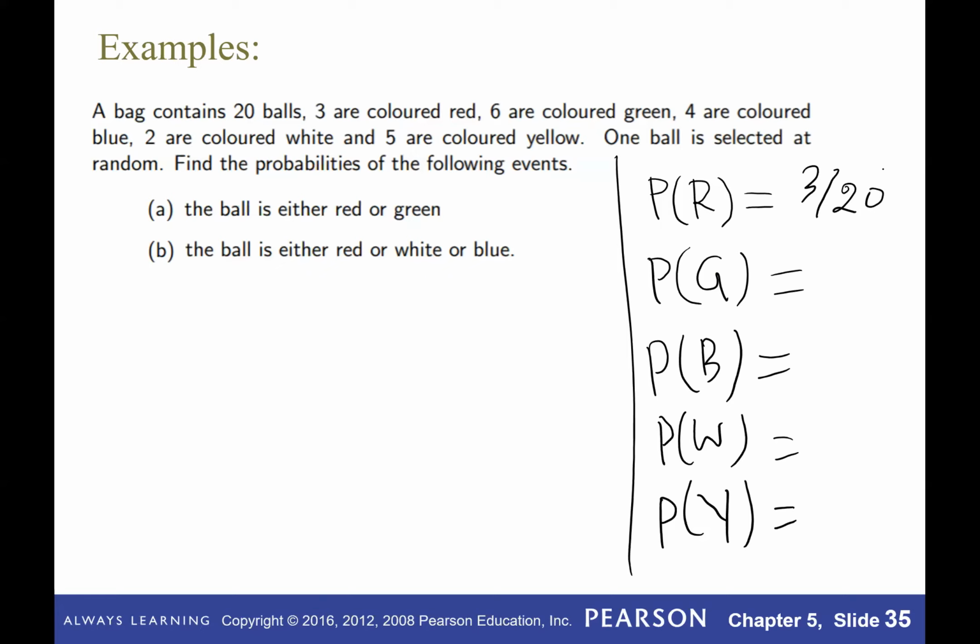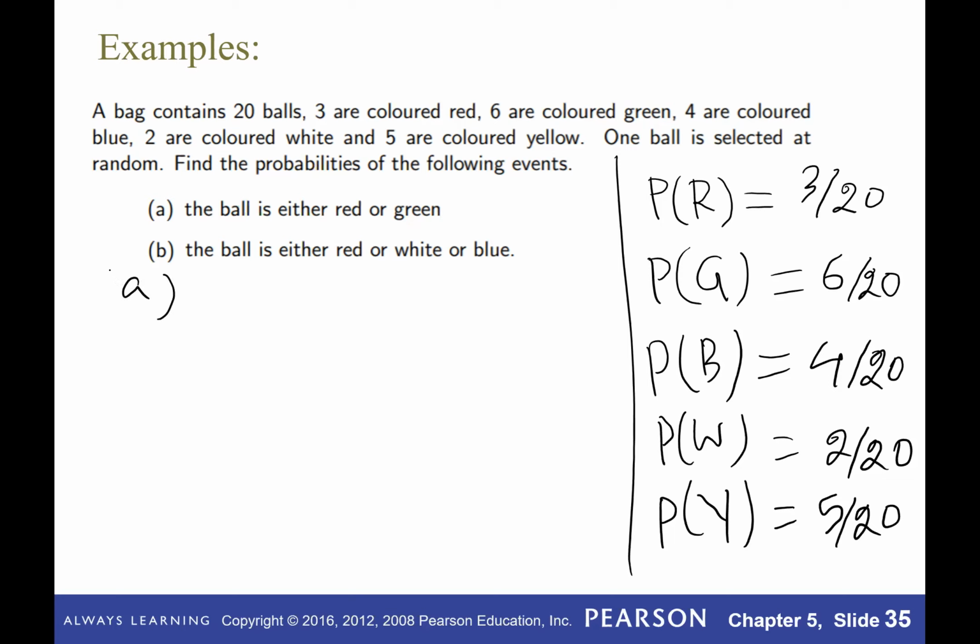So what is the probability of green? Okay, 6/20. So what is the probability of blue? 4/20. Yes, because we have 4 blue, so it will be 4/20 or 1/4. And white will be 2/20, and yellow will be 5/20, right?